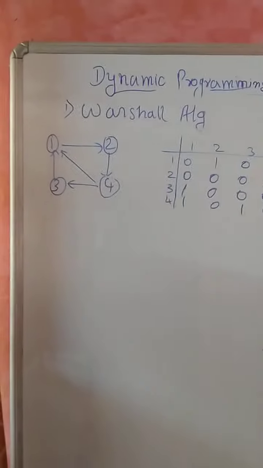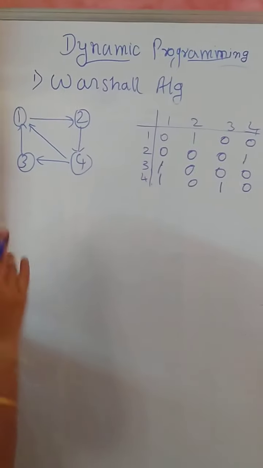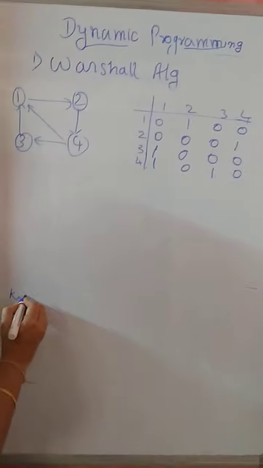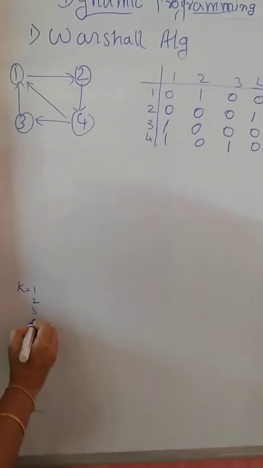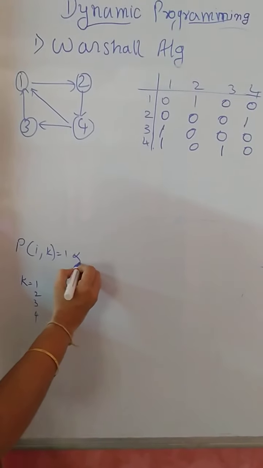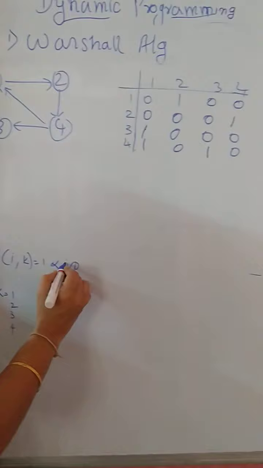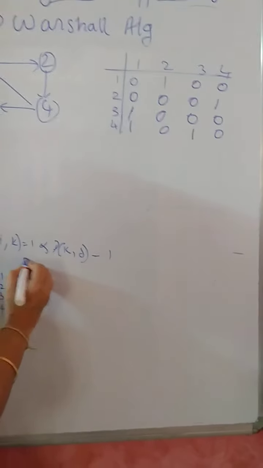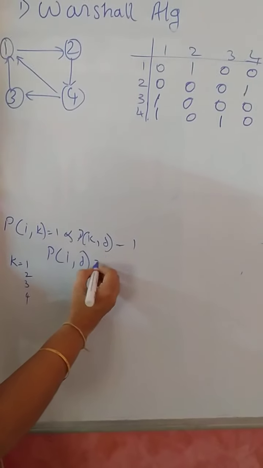After that, what do you have to do? Through k. K can be 1, k can be 2, k can be 3, k can be 4. So what is the algorithm I wrote? P of Ik is equal to 1 and P of Kj is equal to 1, then I will write P of Ij is equal to 1.